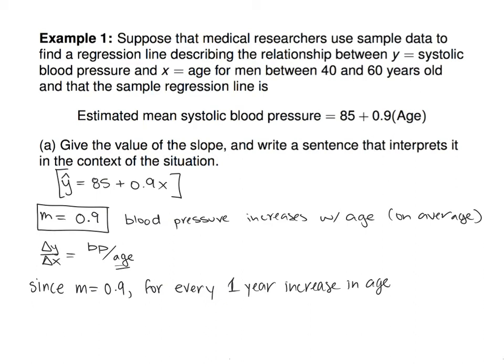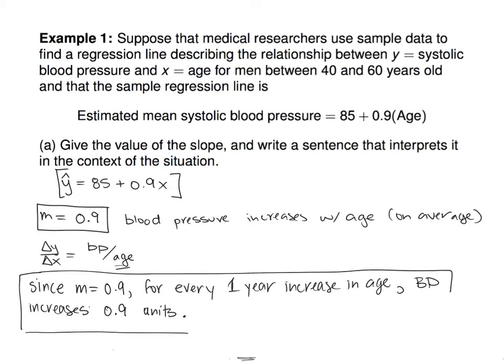Like think about this as 0.9 over 1. Blood pressure increases 0.9, and I forgot to tell you what the units were, so we'll just say units, which I think is like millimeters of mercury or something, but I'm afraid I'm a math teacher, not a nurse, so I don't know. Bonus to you if you're in the medical field and you can say what that should be. But the kicker is that as x goes up by 1, this is how much y goes up by.